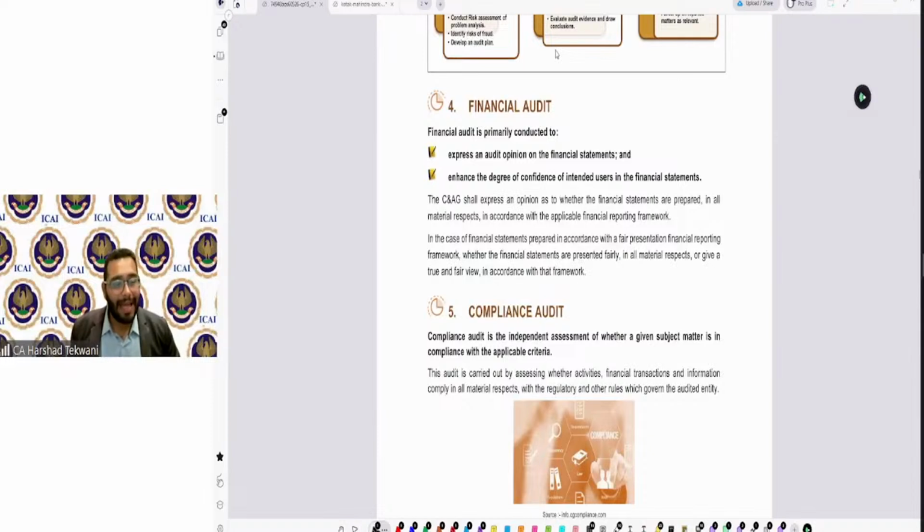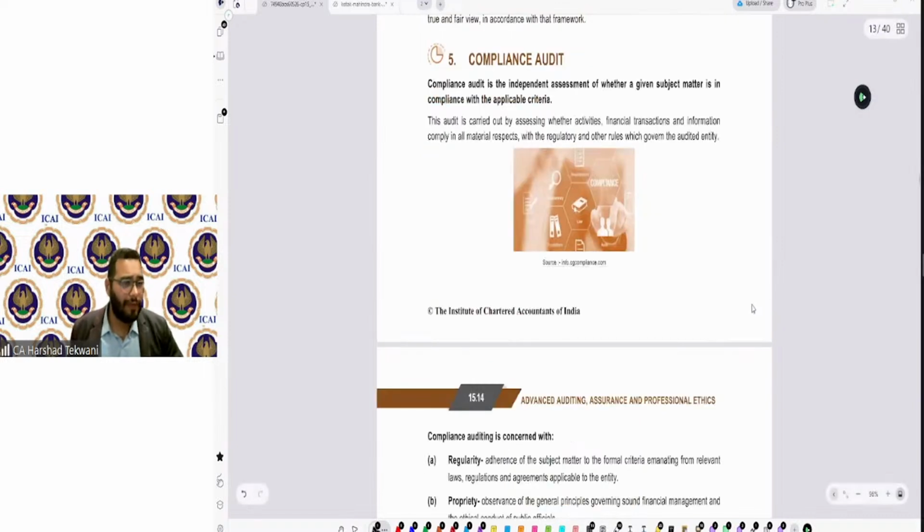Then we have compliance audit. Now, what is compliance audit? How is it different from the financial audit? I'll explain it with an example of one particular report.